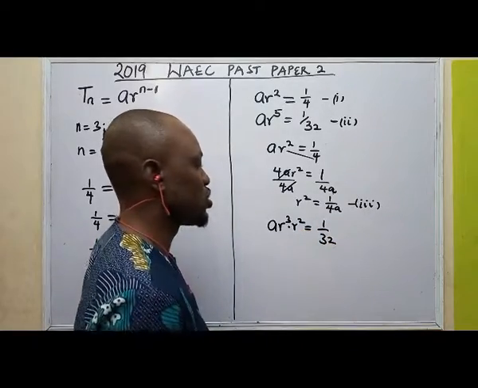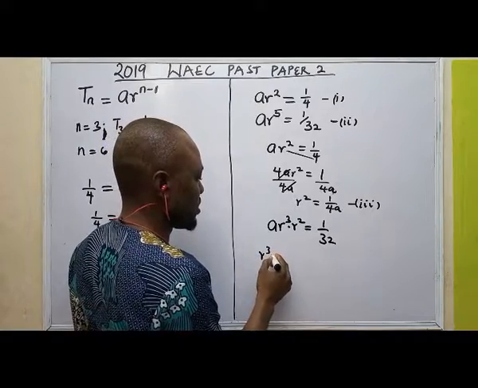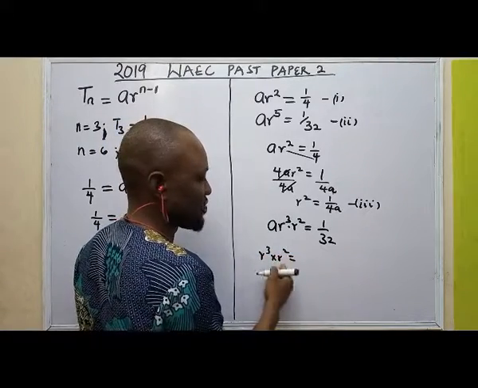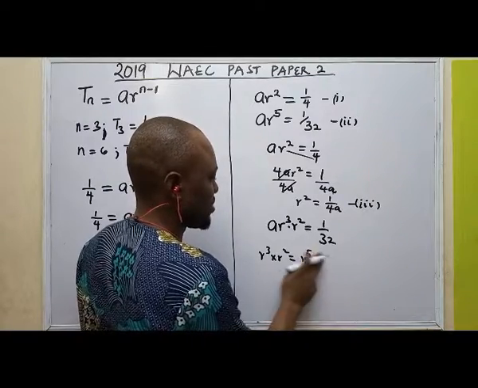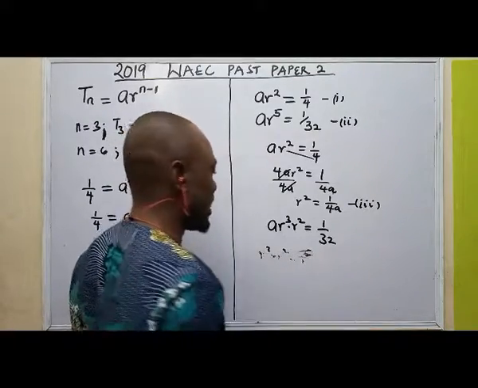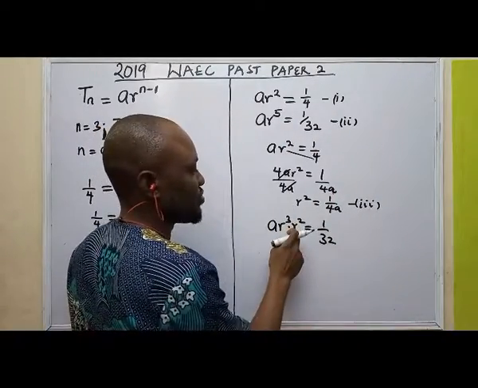The reason why you need to do that is because from the law of indices, R cubed times R squared have the same base, take one of the base and sum their power, it will give you 5.